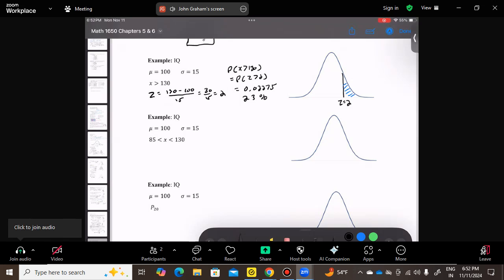That is our probability there. So the only difference from 6.1 is we use the mean and standard deviation to find a z-score. Then it's all the same.